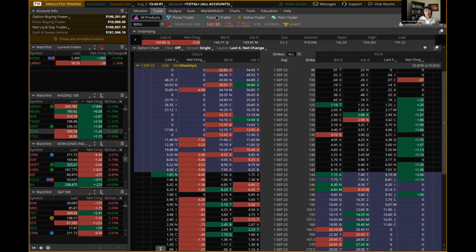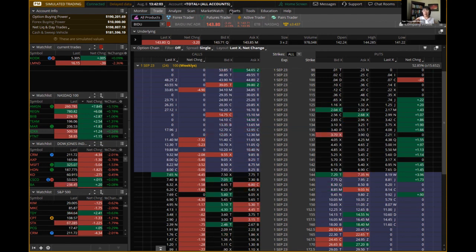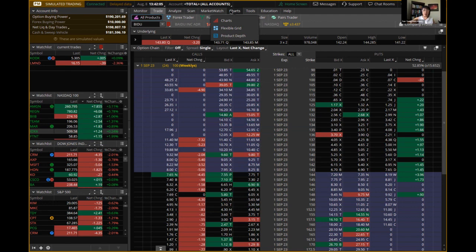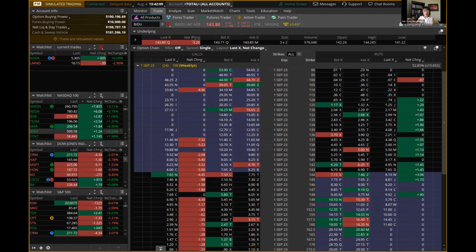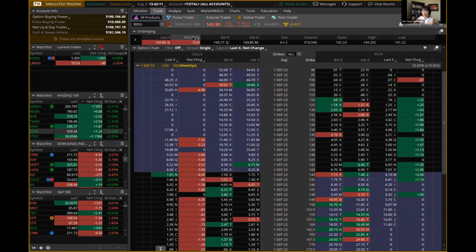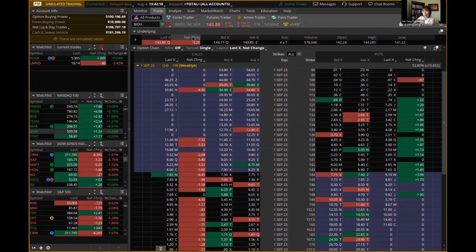So I said we're gonna do a down trade. So what I'm gonna do is take a piece of paper, write down the current market price of 143.80. And be sure to write down BIDU symbol.